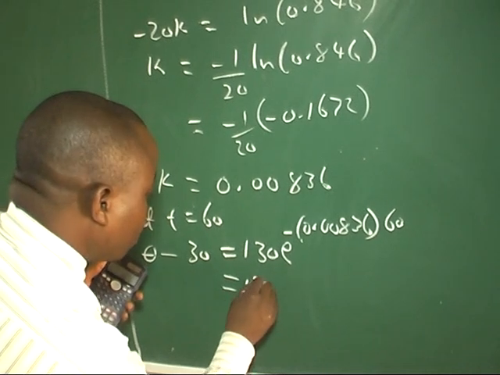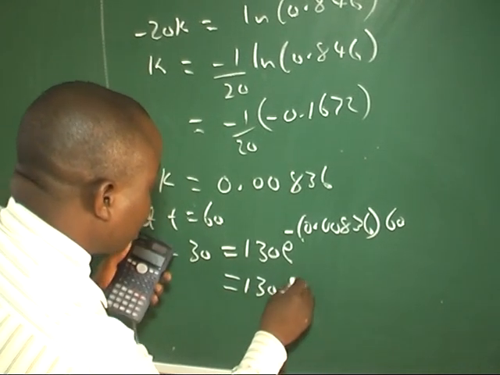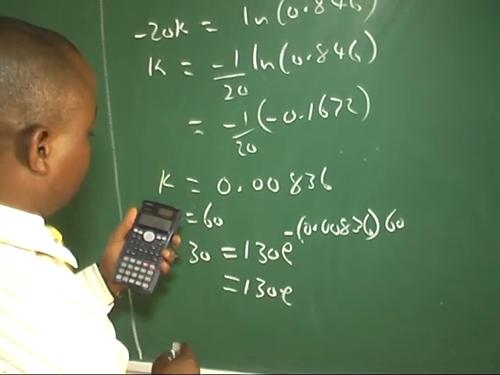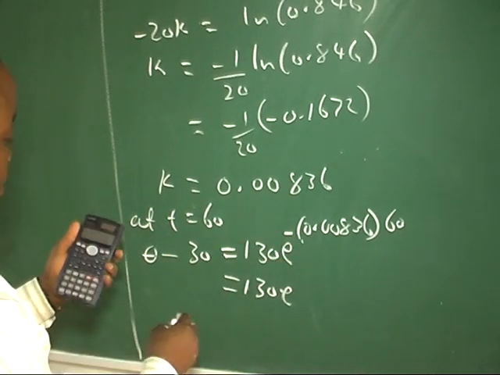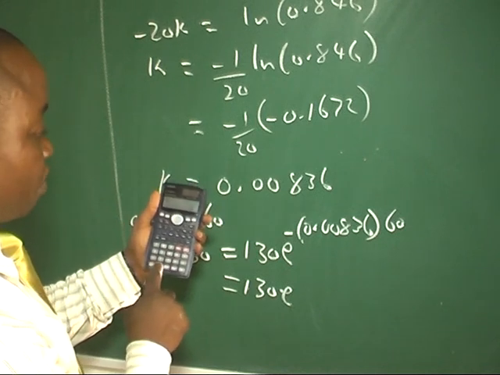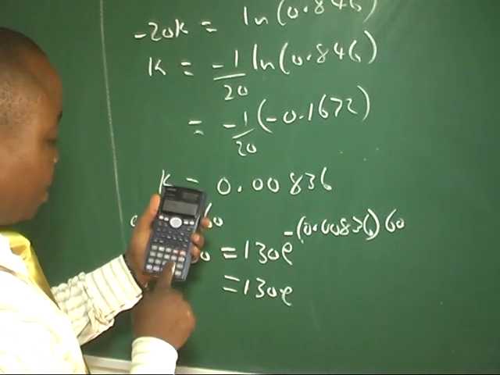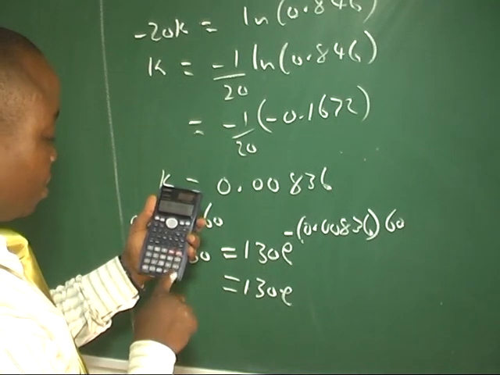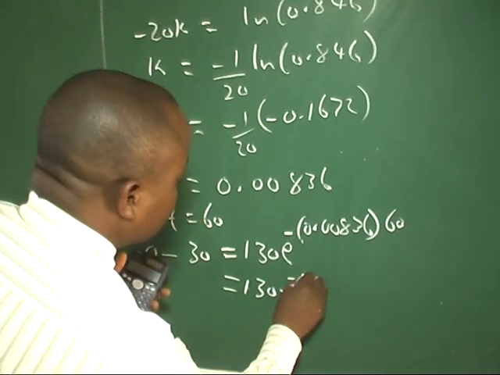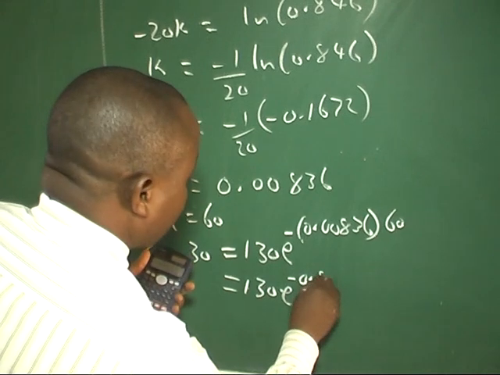So we have 130 exponential minus 0.5016.